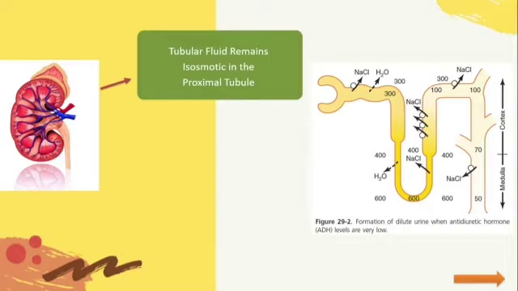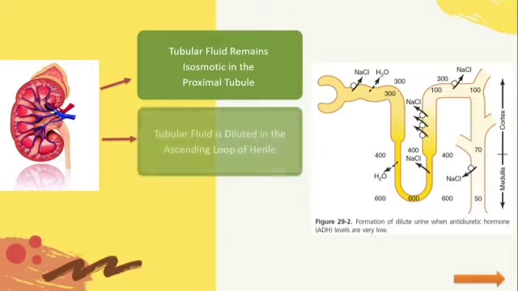Now, as the fluid descends down the descending loop of Henle, water is also reabsorbed by osmosis, making this fluid in equilibrium with the hypertonic renal medullary interstitium. Next, in the ascending limb of the loop of Henle, especially in the thick segment, ions such as sodium, potassium, and chloride are avidly reabsorbed.